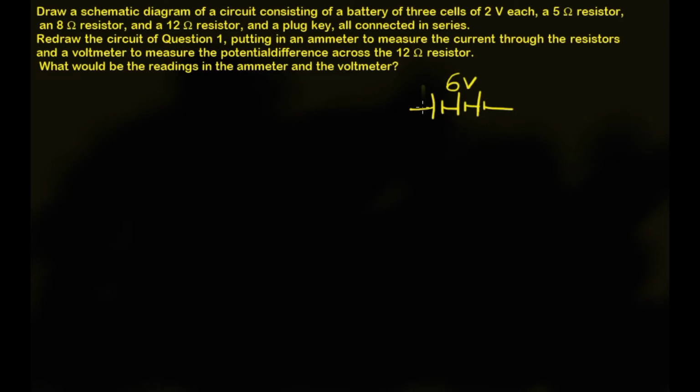Then we have to connect a 5 ohm resistor, 8 ohm resistor and 12 ohm resistor in series. So the next connection I will do at bottom. First I am connecting a 5 ohm resistor, then an 8 ohm resistor, then a 12 ohm resistor.